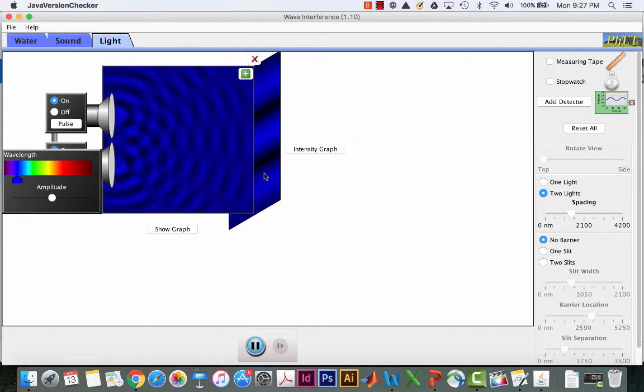What we're seeing is that there are certain places where these waves add up to make a bright area, and certain places where the waves actually cancel each other out. And we call this constructive interference and destructive interference. We'll go through these details. You can find the PhET at the PhET website. Feel free to check it out.